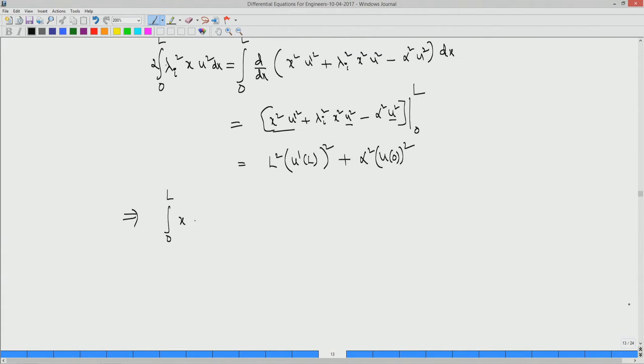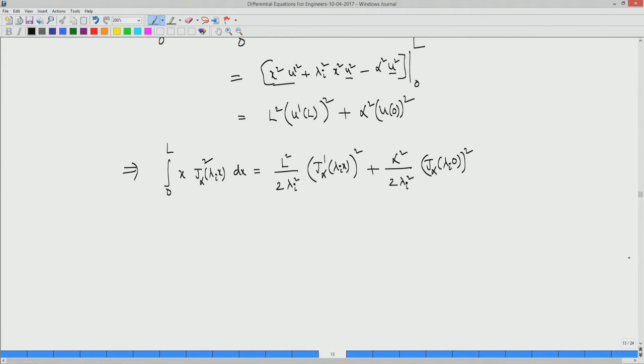So, this is a constant. So, you have the integral of x times u squared dx, where u is J_alpha of lambda_i x, equal to 1 by, so that is L squared by 2 lambda_i squared, this is J_alpha' of lambda_i x whole squared, plus alpha squared by 2 lambda_i squared into J_alpha of lambda_i times 0, this squared. But J_alpha at 0, u at 0, is also 0.